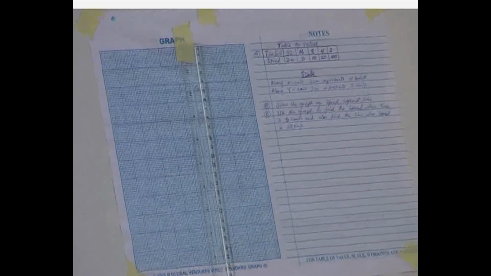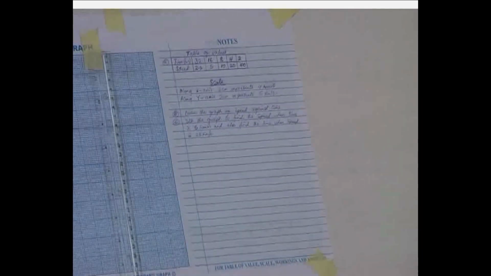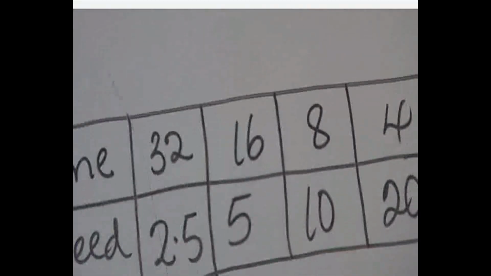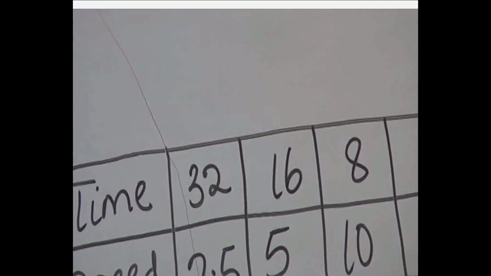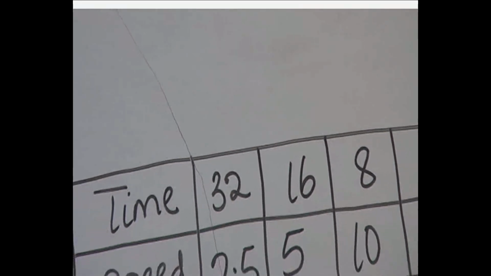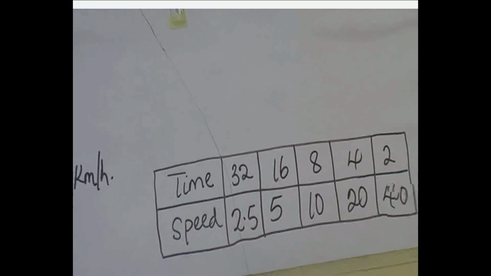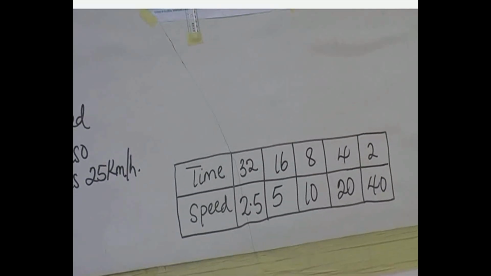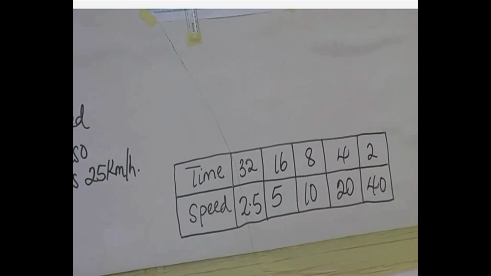Then if you look at the right side of the graph paper, that is the exercise book side, you are going to find that I have copied the table of values that we constructed a few minutes ago into the right side of the graph paper.